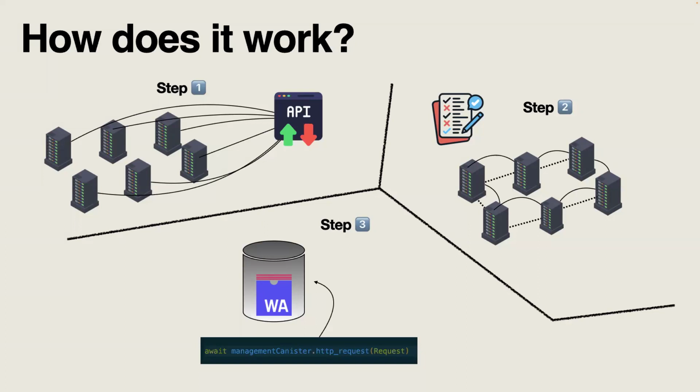The same with the weather: you can have a slight delay between the nodes and they won't receive exactly the same answer, but we need them to reach an agreement. We will see how we can solve this problem. Once there is a consensus and it's part of the block, we can return the answer to the management canister and then to the canister that made the call.